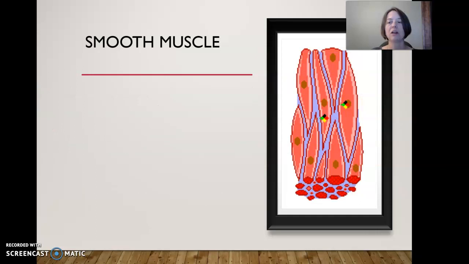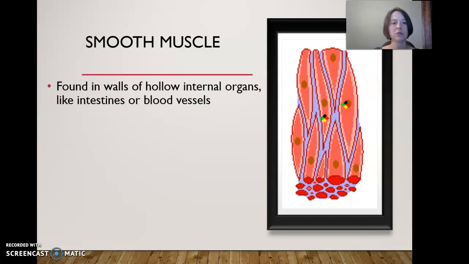The second type of muscle tissue we're going to talk about is smooth muscle. Smooth muscle is found in the walls of hollow internal organs like intestines or blood vessels. So the walls of your blood vessels and the walls of your intestines are made up of smooth muscle, like this one.